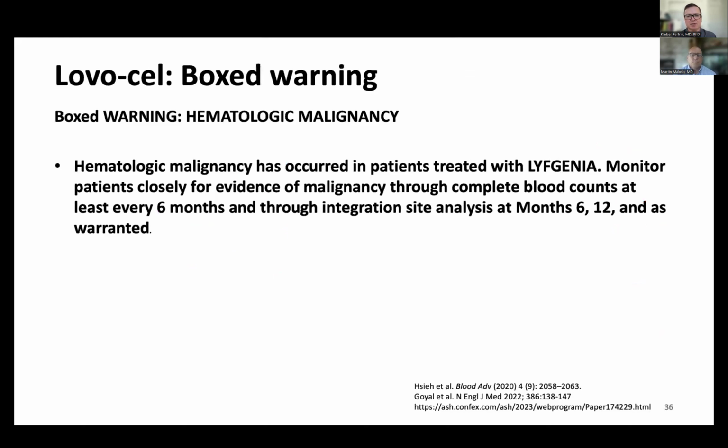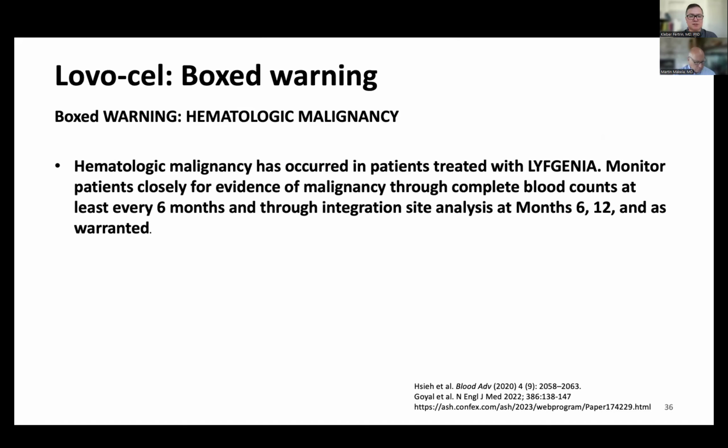There's a boxed warning that I need to highlight for lovo-cel because they've had a couple of patients develop some sort of hematologic malignancy, and they recommend monitoring the patients closely. We know for a fact that patients with sickle cell disease have a slightly higher risk of developing bone marrow disorders such as leukemia. The incidence is still pretty low, but it does happen, and there are studies looking at that.